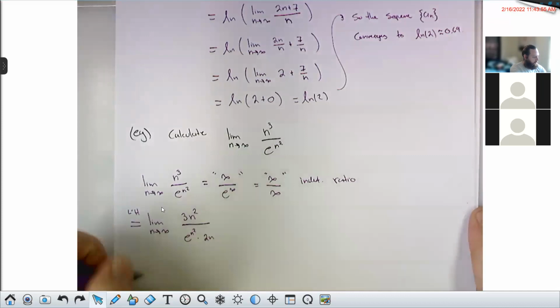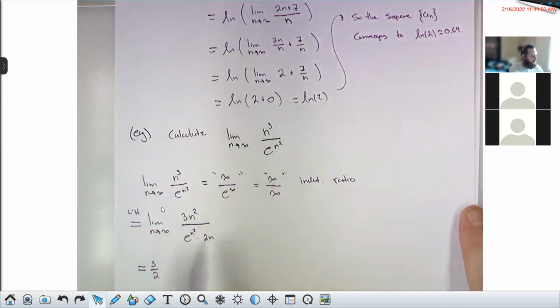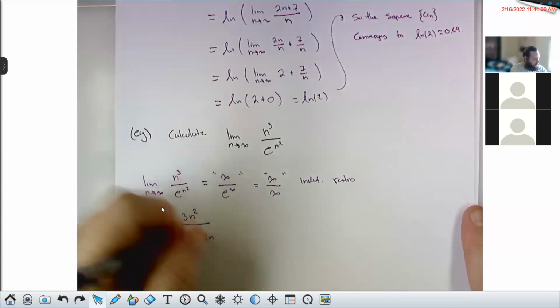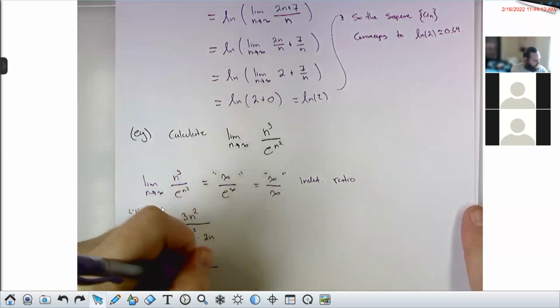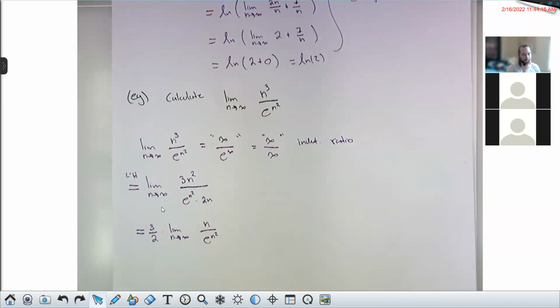There's an n downstairs and an n squared upstairs. There's a factor of 3/2 that can come out. All right, so there's a 3 upstairs, there's a 2 downstairs. That means there's a factor of 3/2 in this thing. I can pop that 3/2 out.